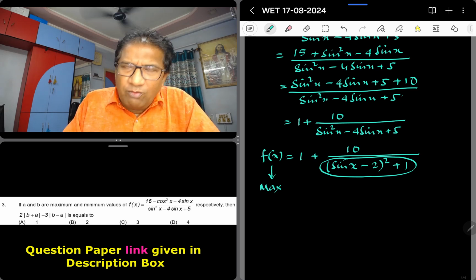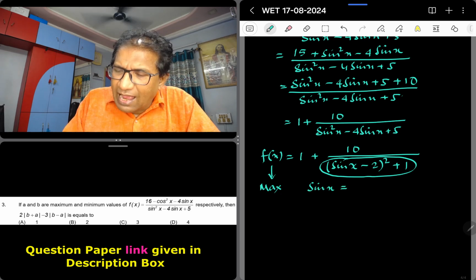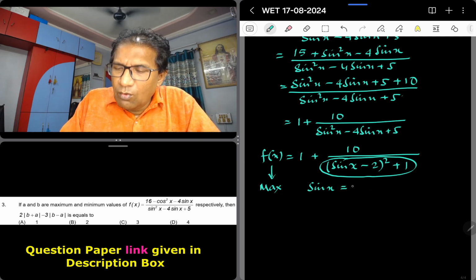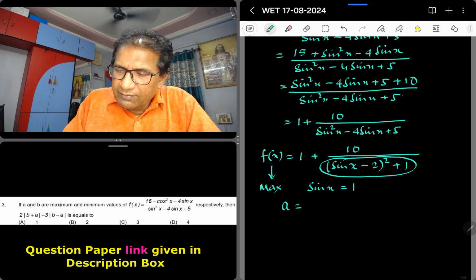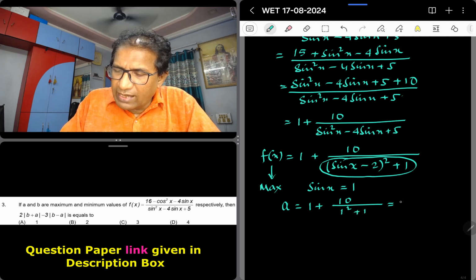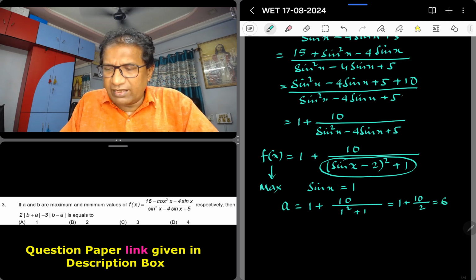And the minimum value will occur when sin x equals 1. Therefore, the maximum value, which is denoted by A, is 1 plus 10 over (1 minus 2) whole square plus 1. So that gives us 1 plus 10 over 2, that is 6. And this is the maximum value of the given expression.